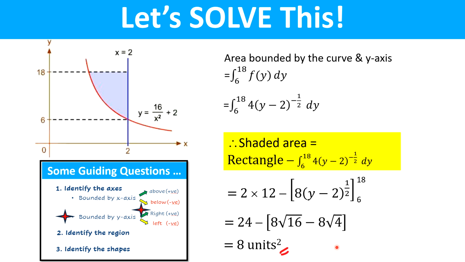You notice the answer here wasn't actually difficult at all. That is how we find the area bounded by the curve, the axis and the line in this case. Now, notice the final answer is not the difficult part. The key is actually knowing the sequence of the steps. So these guiding questions are really very important.